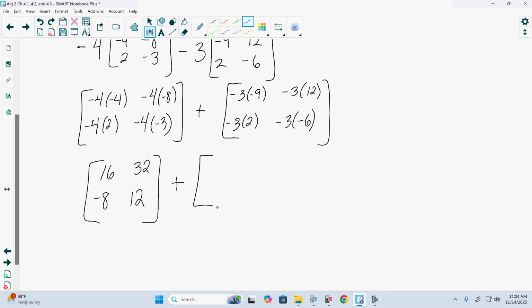Our second matrix, negative 3 times negative 9 is positive 27. Negative 3 times 12 is negative 36. Negative 3 times 2 is negative 6. And negative 3 times negative 6 is positive 18.